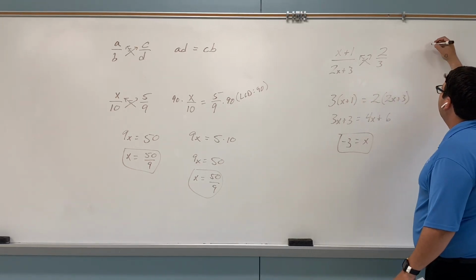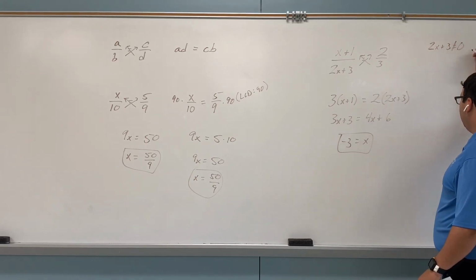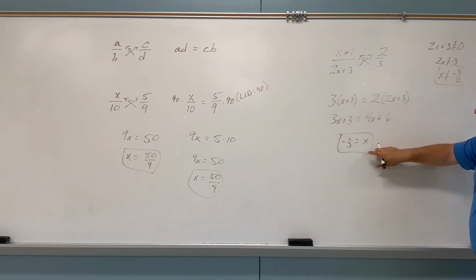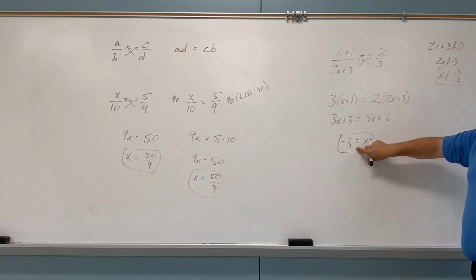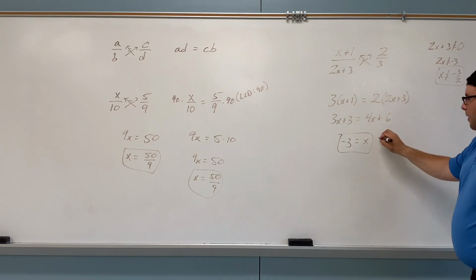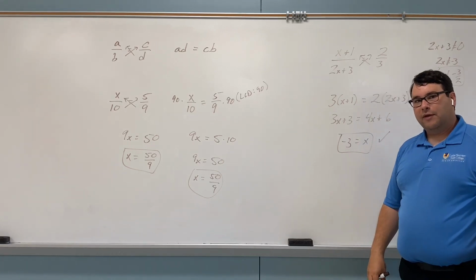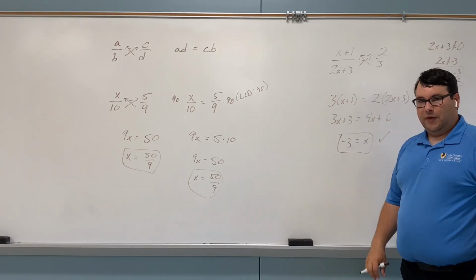So let's just check our domain. I have 2x plus 3 cannot equal 0. 2x cannot be -3, excuse me, and x cannot be -3/2. So can my solution of -3 work here? Yes, absolutely. So you do still need to build in that check, like we said before, just to make sure everything is actually working.